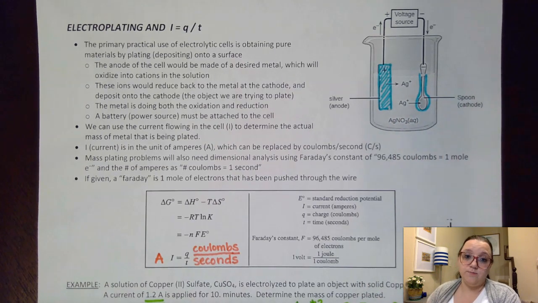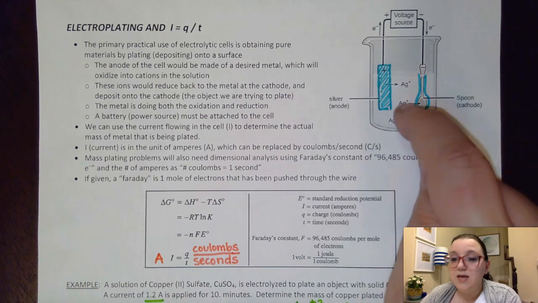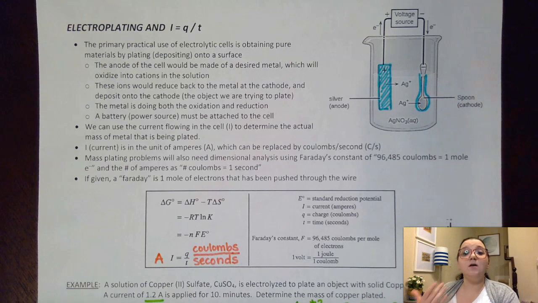So those silver ions are going to reduce back to silver metal, but now it's going to be on the other electrode. And so what we want to do with these types of questions is figure out how much current is running through this, or use the current to do a calculation. And we want to figure out how much time it's going to take in order to plate a certain mass of metal on this other object.